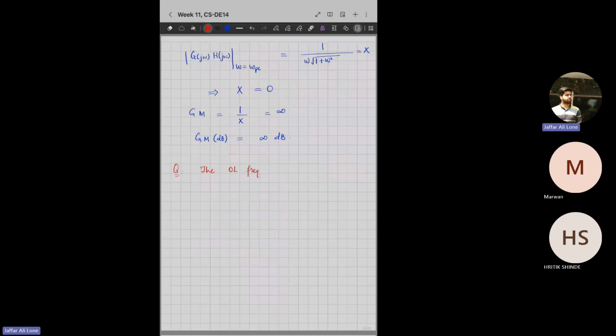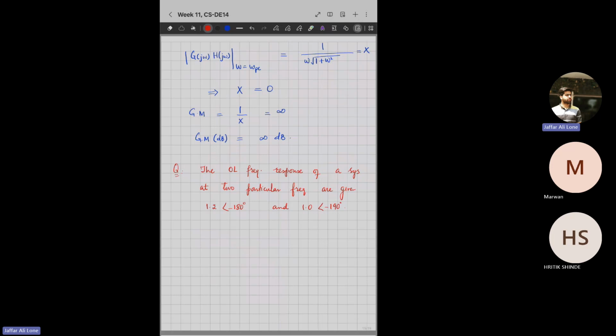See, the open loop frequency response of a system at two particular frequencies is given. So we have two responses. One magnitude is 1.2, angle is minus 180 degree, and magnitude is 1, angle is minus 190 degree.